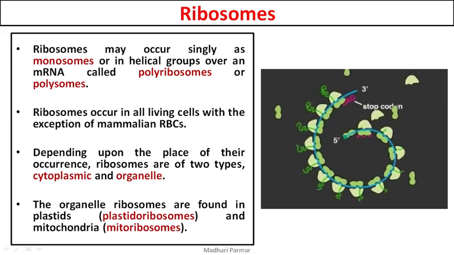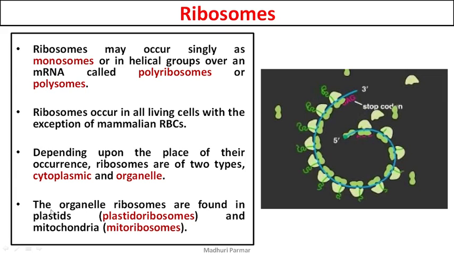The first one is plastid, and the ribosomes found in plastids are called plastidoribosomes. And then we also discussed mitochondria. Mitochondria also have ribosomes, and these are called mitoribosomes. So only two organelles have their own ribosomes: plastids and mitochondria.